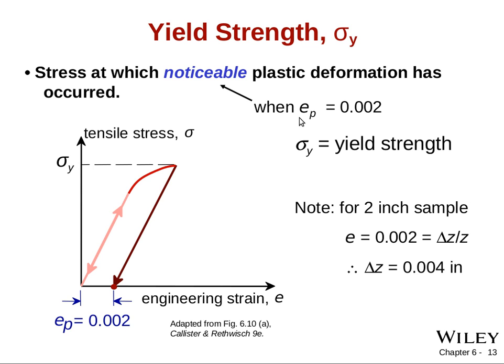So if you take a metal, you apply a tensile stress, and you get to this point so that when you release it, it's deformed by 0.2%, then that stress you had it under was the yield strength.